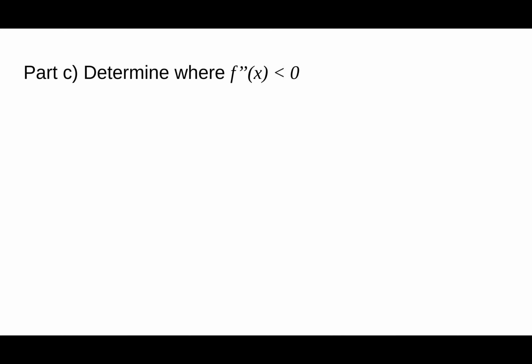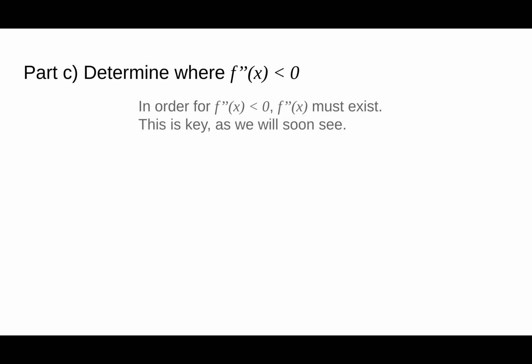Part C, we are asked to determine where f double prime of x is negative. Well, in order for f double prime of x to be negative, f double prime of x must exist. This is key, as we will soon see.